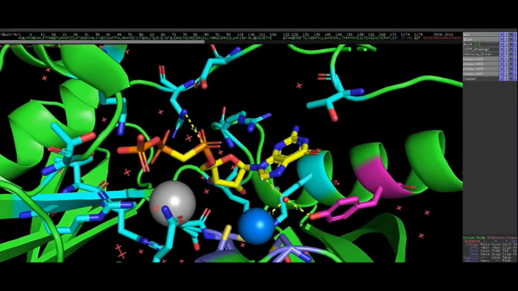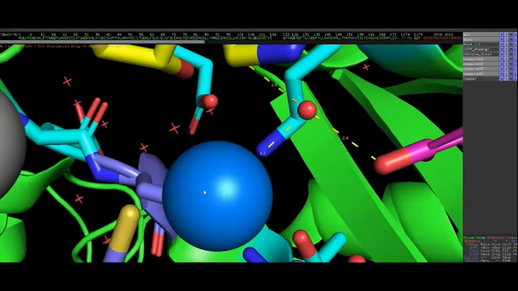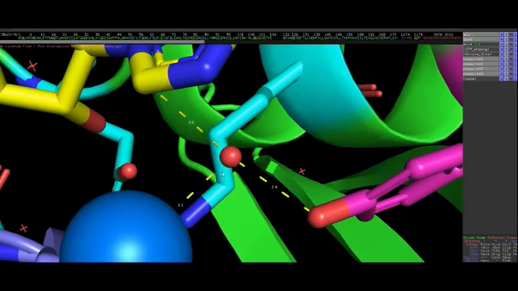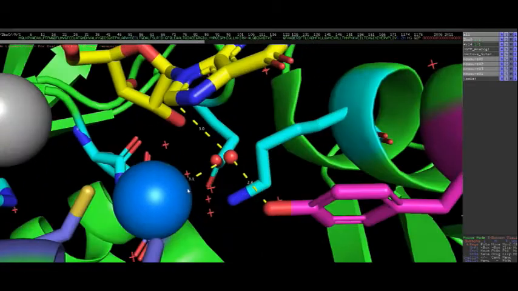And so we can look over here. So this in blue is that zinc, and then this little sphere right here is the water molecule. And so we can see that this is coordinated.